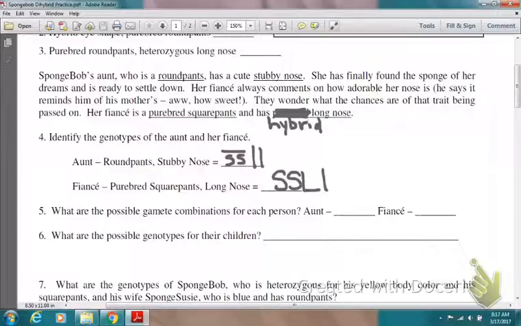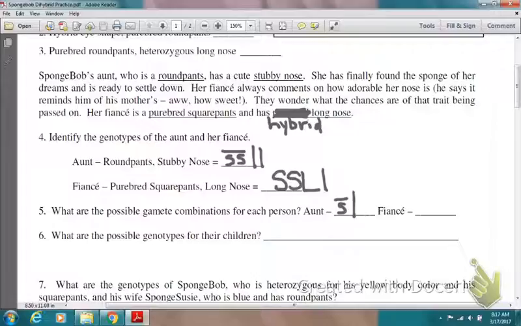They can split off, but all she's ever going to give in her egg is a little s. What about for her nose? A little l. That's it. So every one of her eggs is going to have little s's and little l's as far as the traits she's passing on for the shape and her nose.